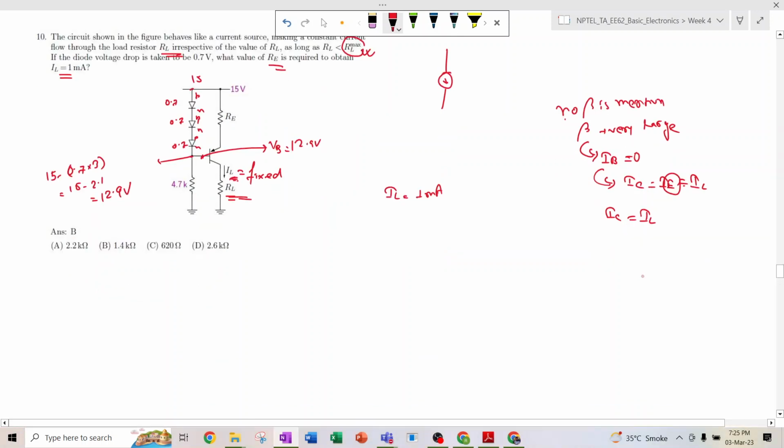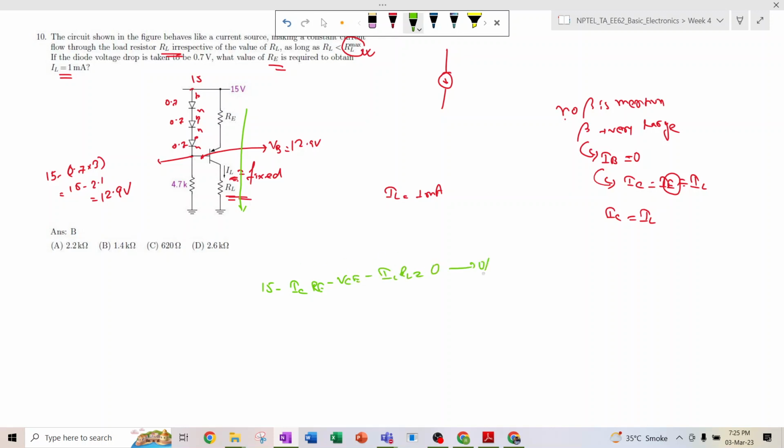So now if we apply the output KVL, that means the KVL in this part, then we get 15 minus IC into RE, and there is some voltage drop over here, minus VCE minus IL RL is equal to 0.